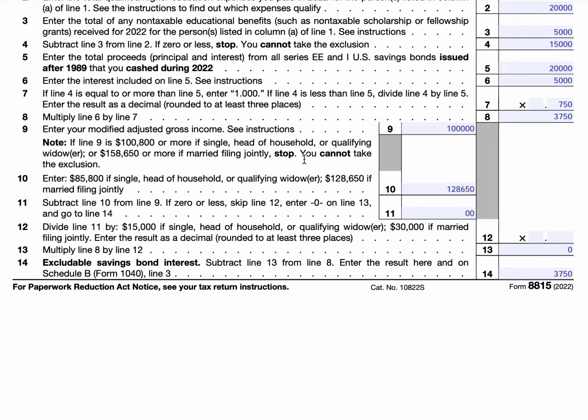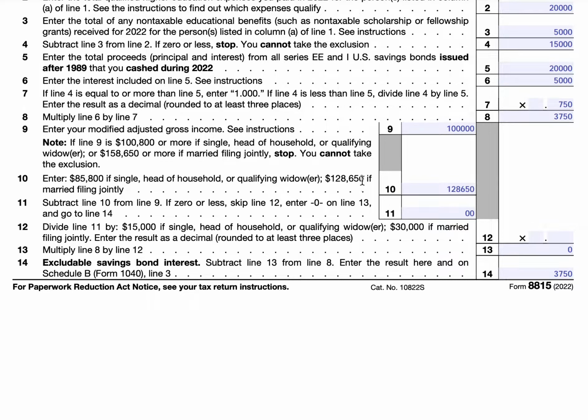So if Line 9 happens to exceed either of these thresholds based on your taxpayer status, then you can't take the exclusion. Your income is too high. In this case, it's not too high, so we can keep going.